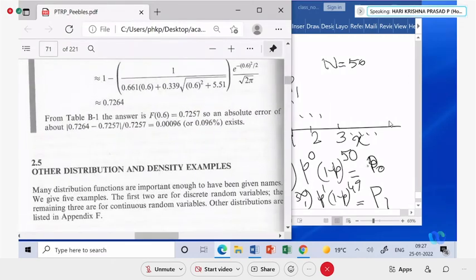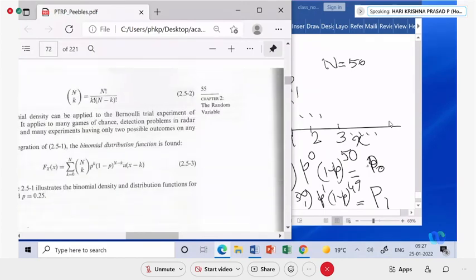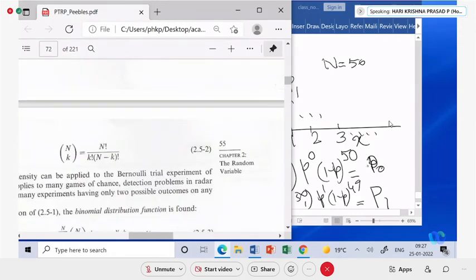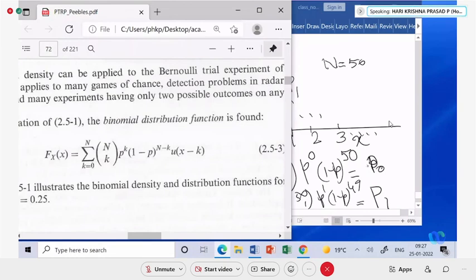This we have already seen. So in place of delta of x, we need to write u of x. That is how we get the distribution function.